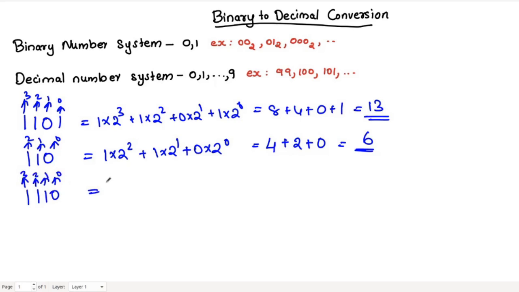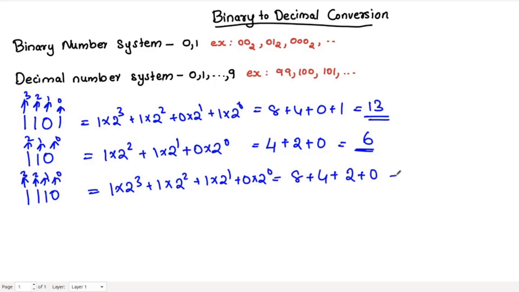For conversion we start from the left: 1 into 2 raised to 3 plus 1 into 2 raised to 2 plus 1 into 2 raised to 1 plus 0 into 2 raised to 0, which is equal to 8 plus 4 plus 2 plus 0, which is equal to 14.